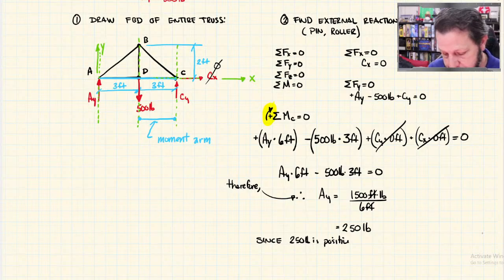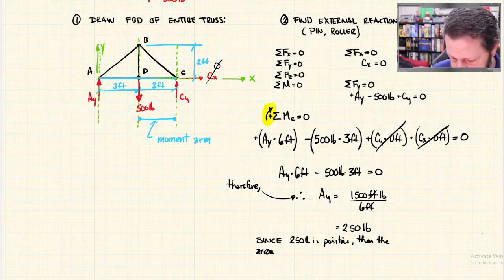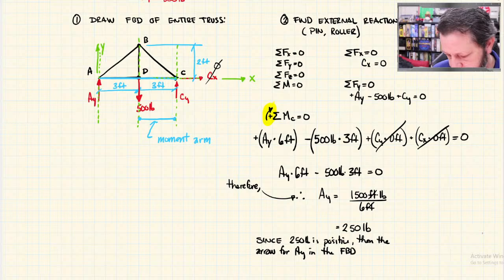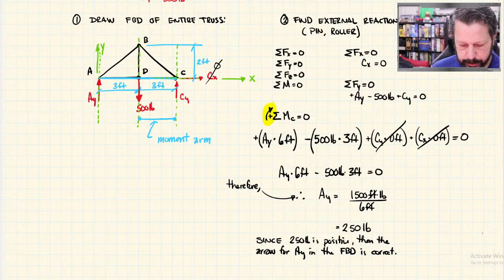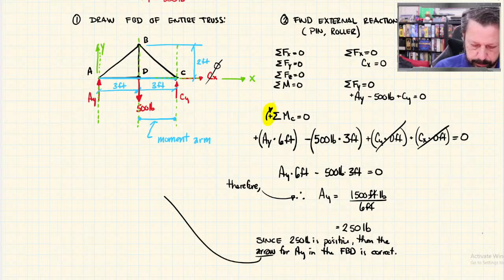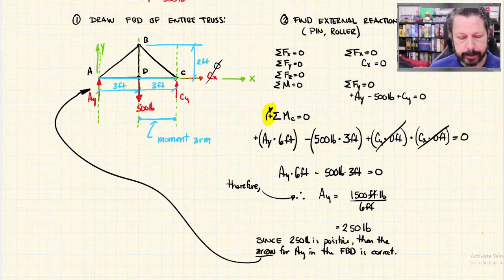But since this one came out positive, the arrow for AY in the free body diagram is correct. That arrow is correctly drawn. It's drawn the right way. So AY really is pointing up.